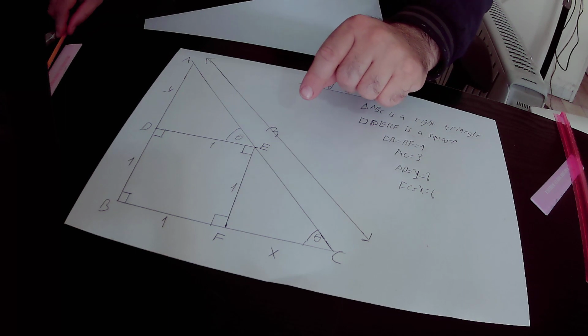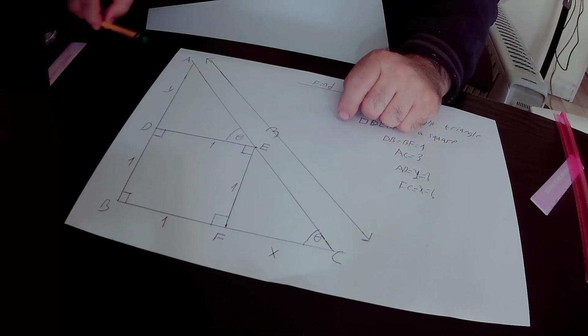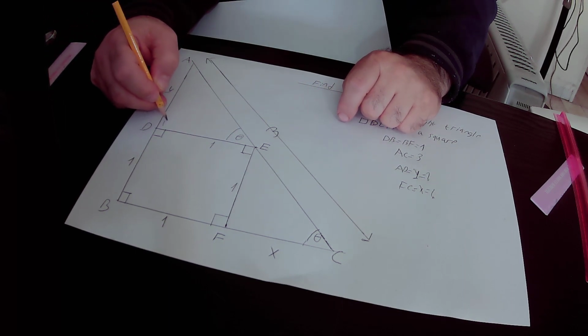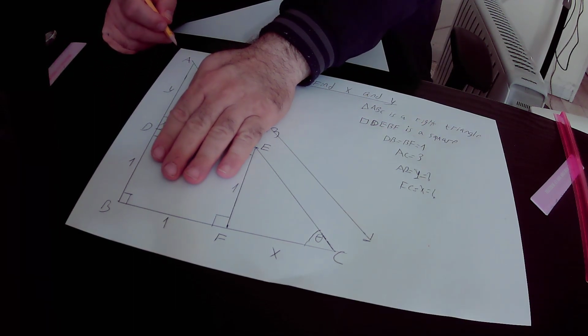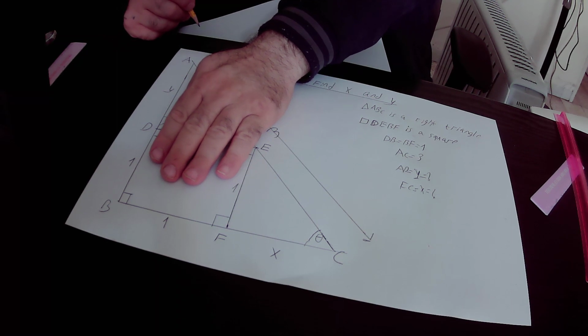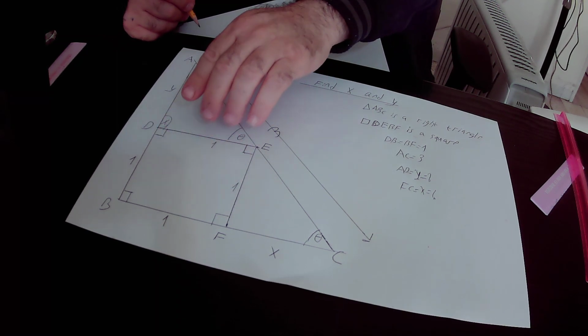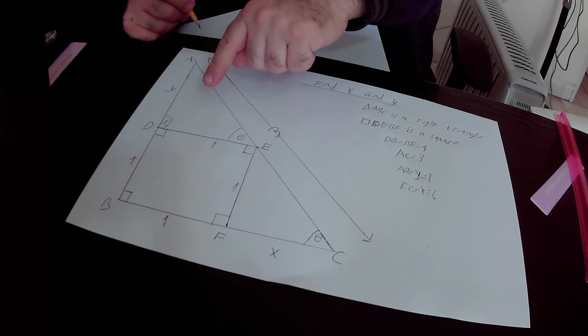If we define angle ADE as X, then the sum of the angles on this side of the straight line AB at point D must be equal to 180 degrees. So which angles do we have here?